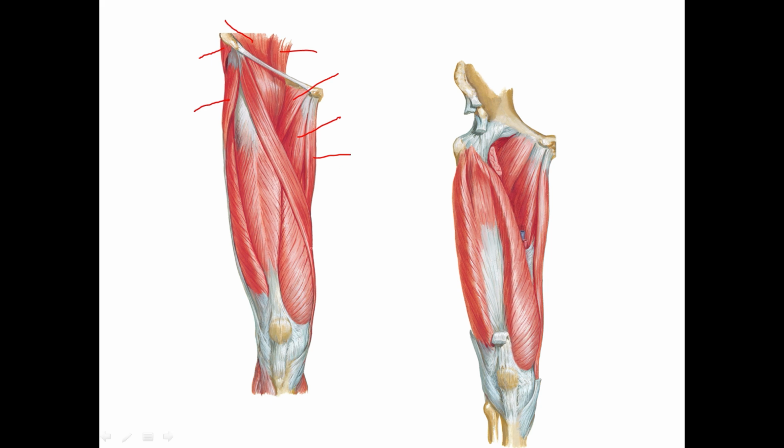Now we come to this strap-like muscle, that is sartorius, and we got here the quadriceps femoris muscle, vastus lateralis, rectus femoris, vastus medialis, and when we cut this rectus femoris, under that we can see the vastus intermedius.